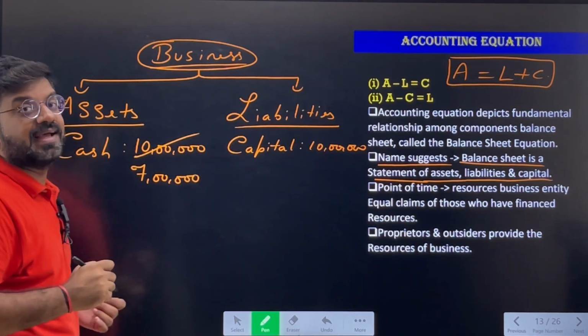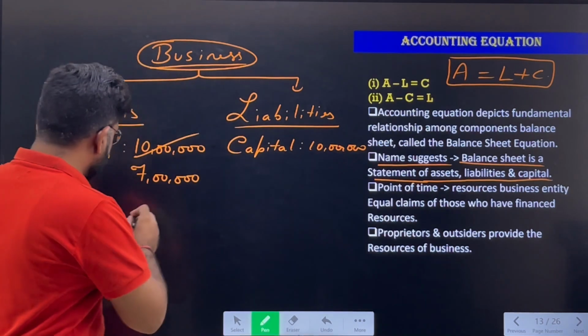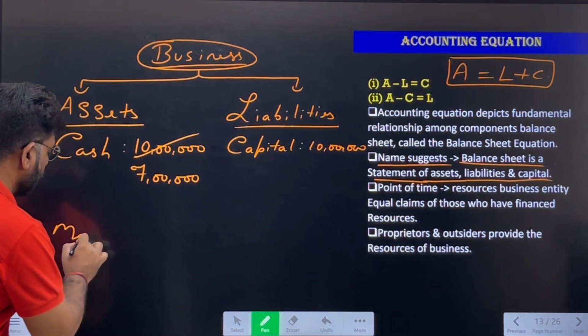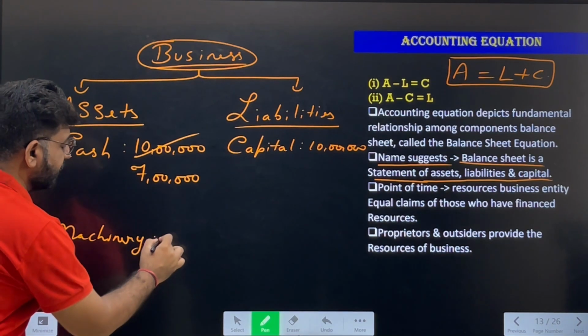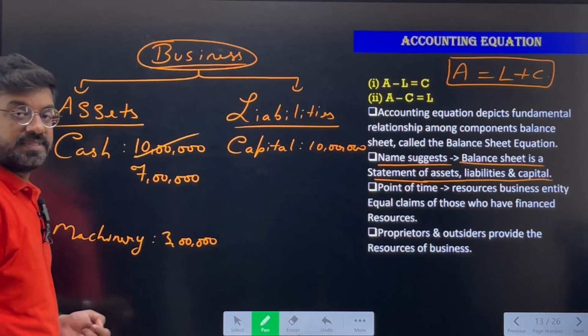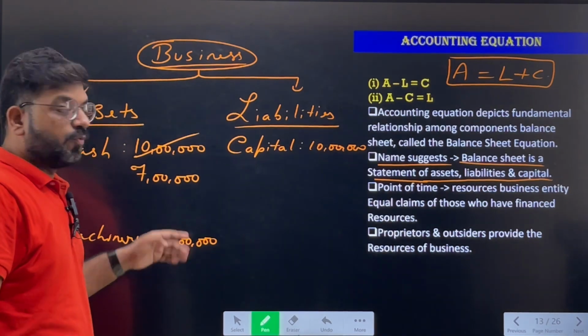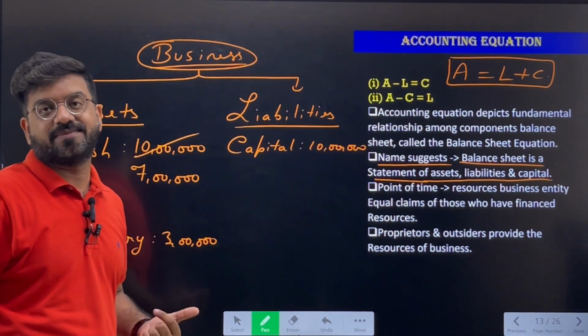Apart from that, I'll also have a machinery for rupees 3 lakhs. Now since I have a machinery of 3 lakhs, the total of my asset becomes 7 plus 3, 10, which is equal to the liability of a capital of rupees 10 lakhs.